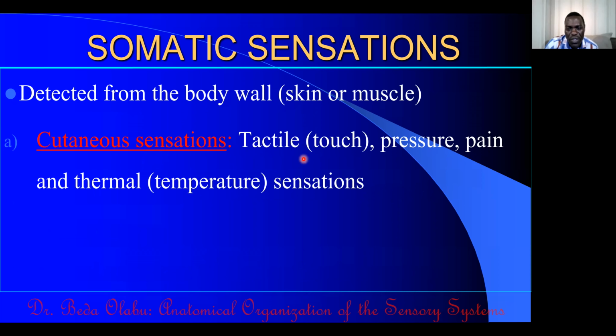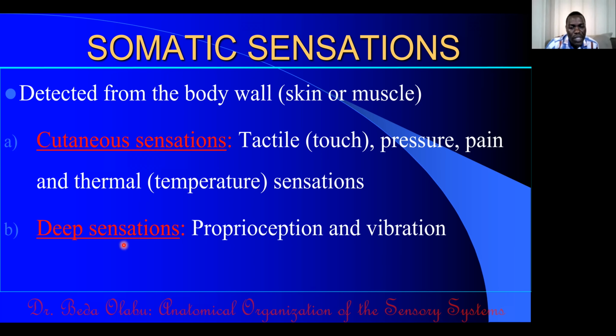Examples of cutaneous sensations would be sensations of touch, pressure, pain, and temperature, which could either be cold or heat. Those are cutaneous sensations that are detected from the skin, as opposed to the ones which are detected beyond the skin, which we just call deep sensations. Deep sensations include proprioception and vibration.